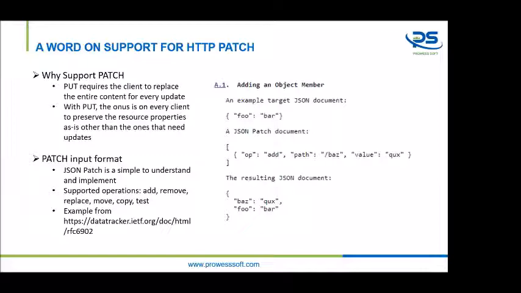So the onus is on the client to ensure that he only updates the properties that he wants to, and retains the previous values for all the other properties. But in the case of patch, if you implement this right, then you can update only the ones that you want to. So for completeness, make sure you use HTTP patch, and expect your clients to use patch wherever required, instead of using put and overlaying the object altogether.